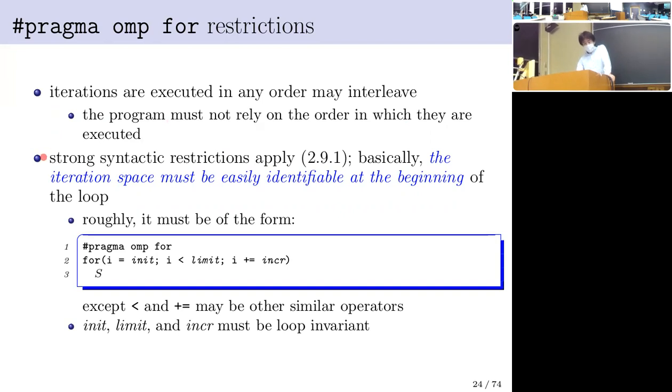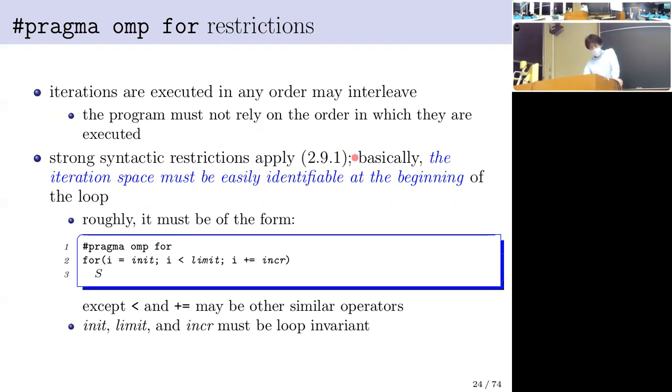And furthermore, even if you accept the fact that iterations may be executed in any order or may interleave, there are further strong syntactic restrictions on the kind of for loop you can parallelize and divide among threads.